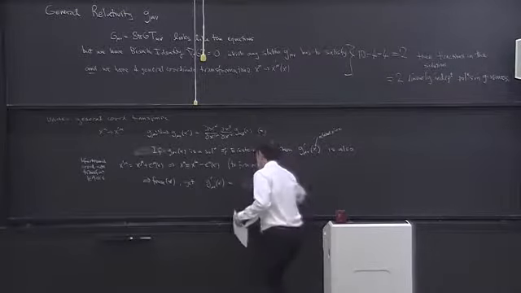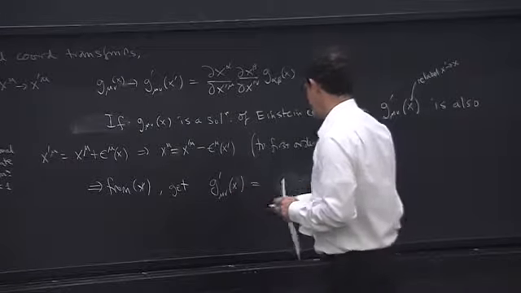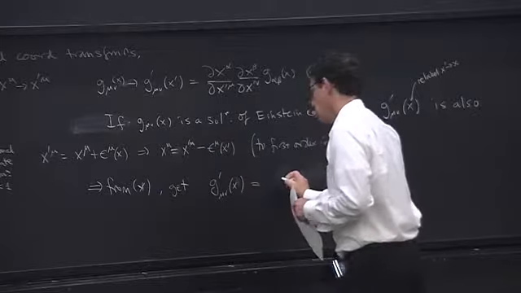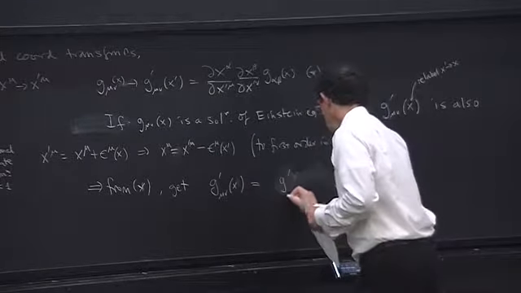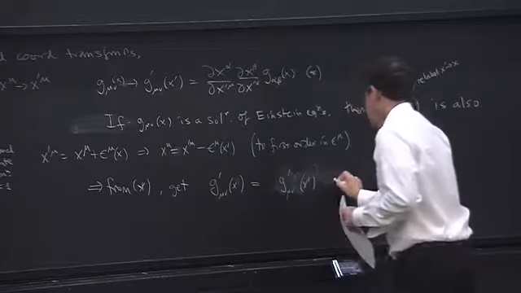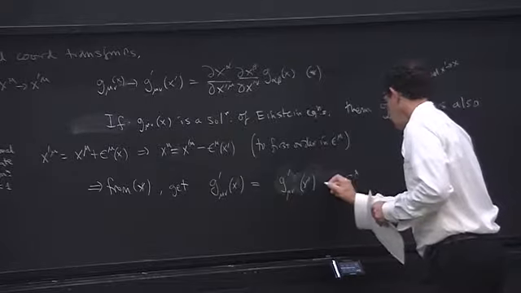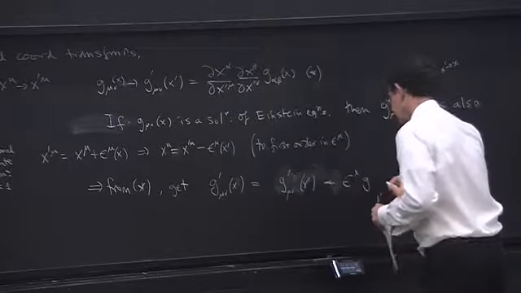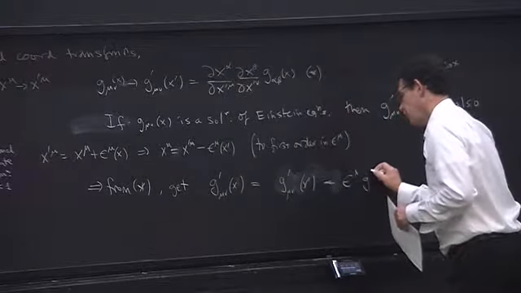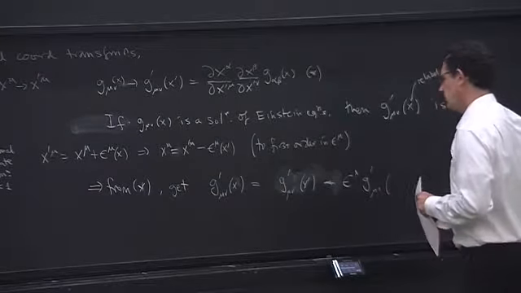Okay, let me just think about this. Yes, so use this formula. This is g prime mu nu of x prime minus, just using that formula here, minus epsilon lambda g prime mu nu of x prime.